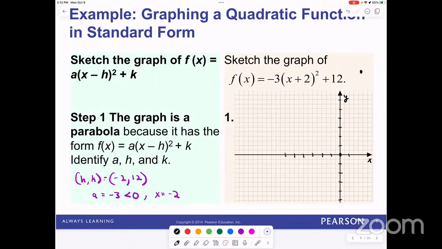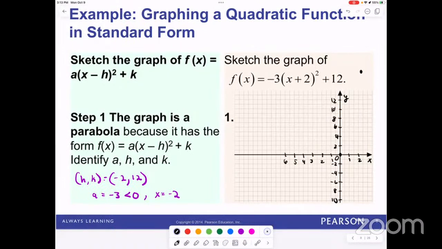This is the origin. This is our 1, 2, 3, 4, 5, 6. I think this was 2, 4, 6, 8, 10, 12.